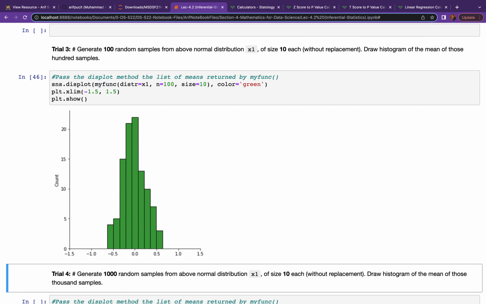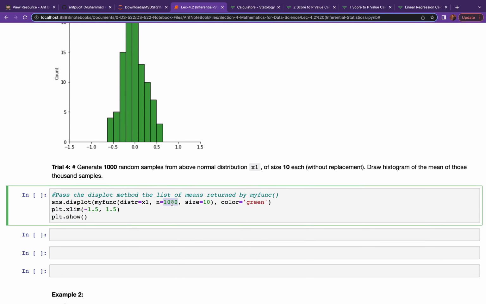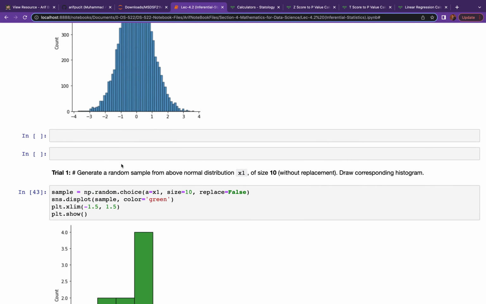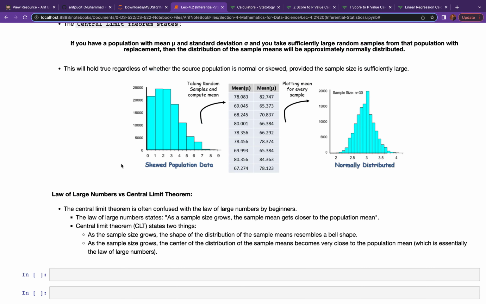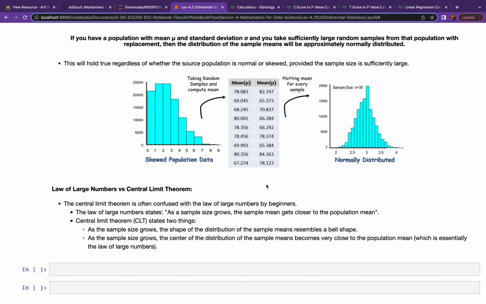You see? And let me repeat this experiment 1,000 times. Let me run it. So you see now this is normally distributed. So this is what the law says: if you have a population with mean mu and standard deviation sigma, and you take sufficiently large random samples from this population with replacement, then the distribution of the sample means will be approximately normally distributed.